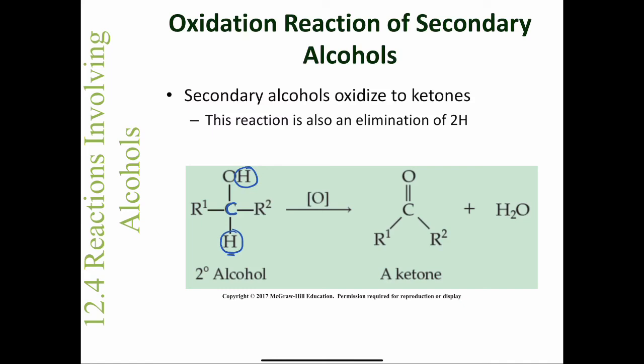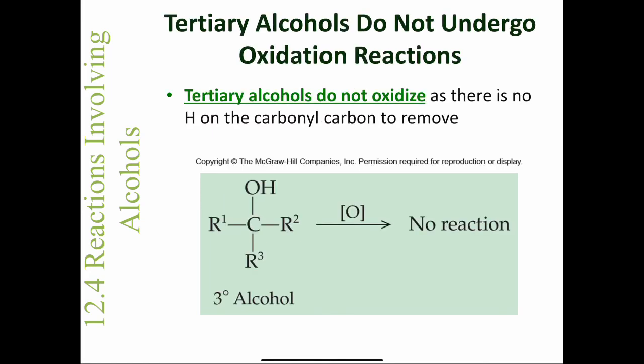So when we take our secondary alcohol, we end up with a ketone, and again, we draw water as a product to show the balanced equation. Tertiary alcohols do not undergo oxidation reactions under any circumstances, and the reason why is because there is no hydrogen attached directly to the carbonyl carbon. And so for the product of this reaction, you would simply write no reaction.